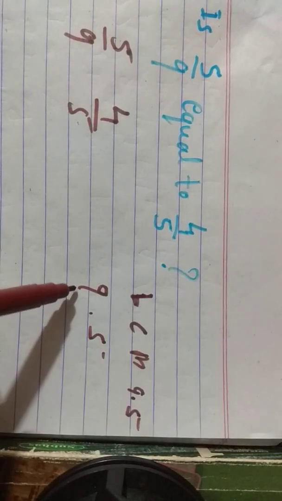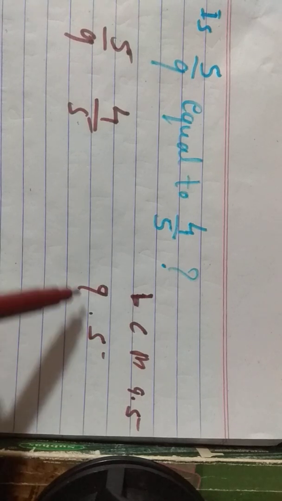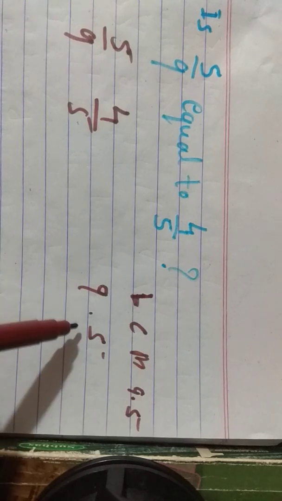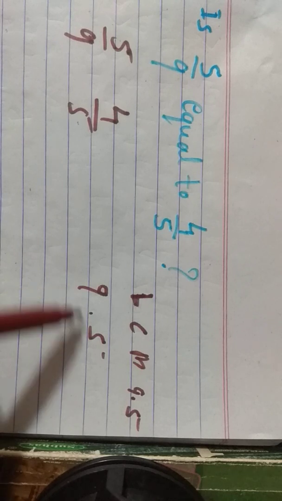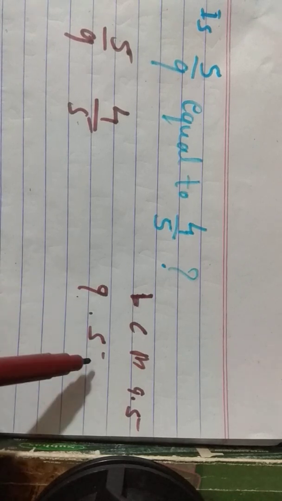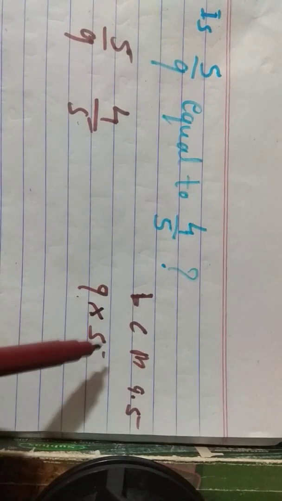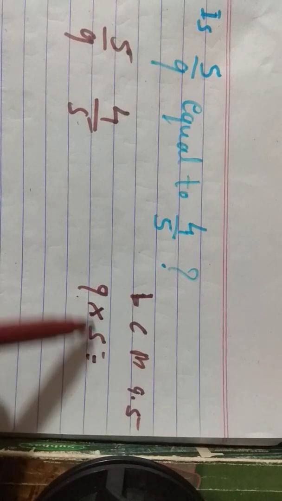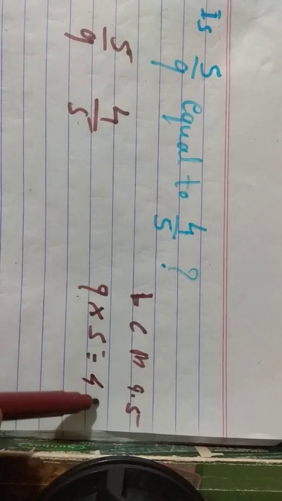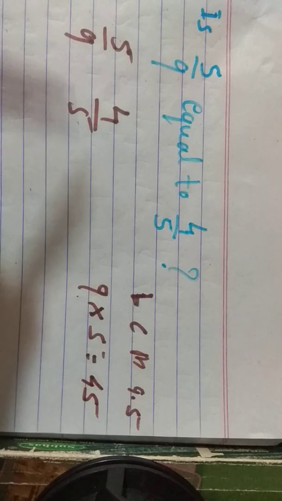We cannot get same factors for each. We don't have same factors other than 1. So we have to multiply and get the product. The product 9 5s are 45 is the LCM of 9 and 5.